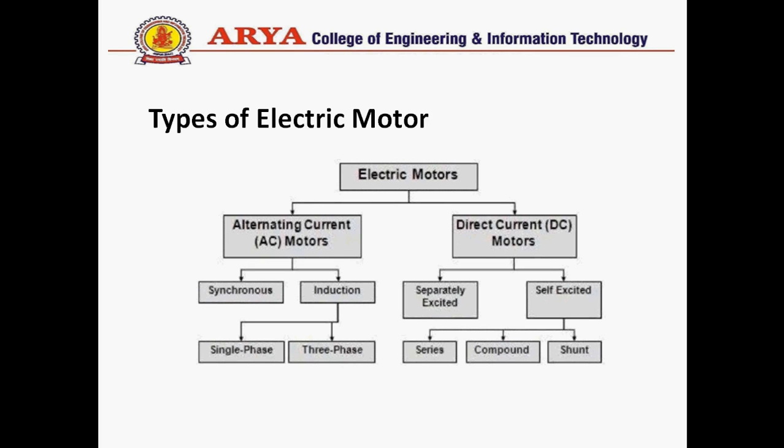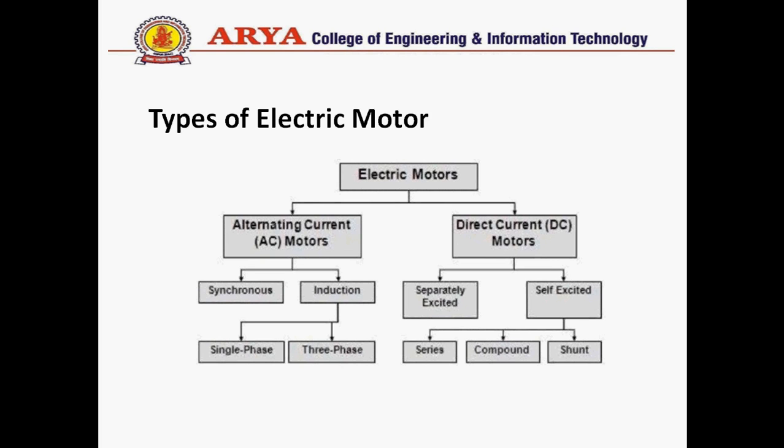Now we discuss the DC motor. A DC motor consists of two parts, that is the armature windings and field windings. What is the armature winding? Armature winding is the main current carrying winding in which the EMF is induced, and the field winding generates the magnetic field.